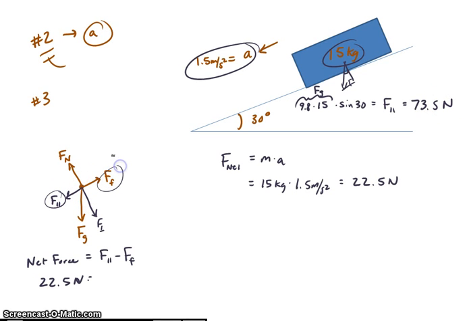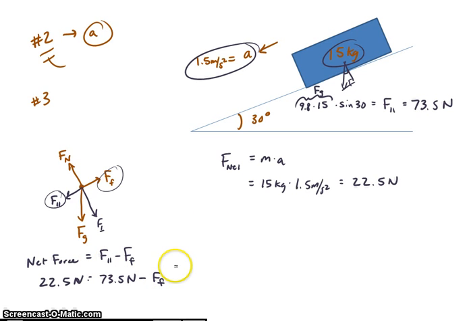Now I need to come up with that frictional force. Okay, and so if I have 73.5 newtons of parallel minus the frictional force, I'm going to solve for my frictional force.